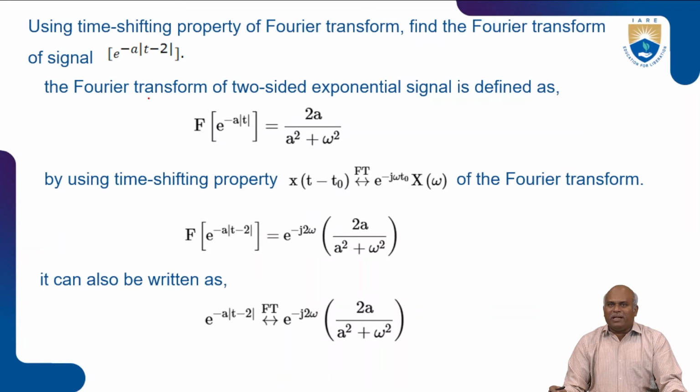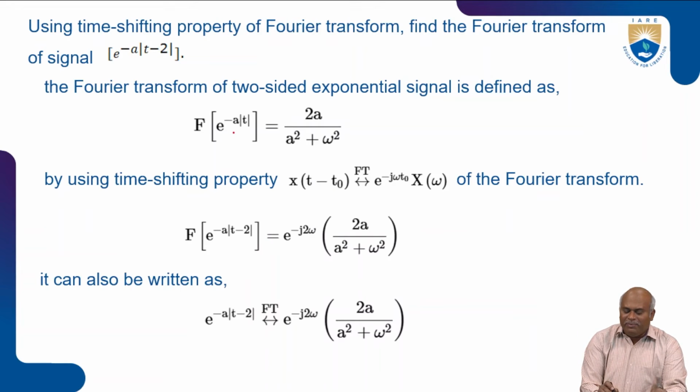As per the Fourier transform of the two-sided exponential signal that we studied in the last session, the Fourier transform of e power minus mod of t is 2 by 1 plus omega square.